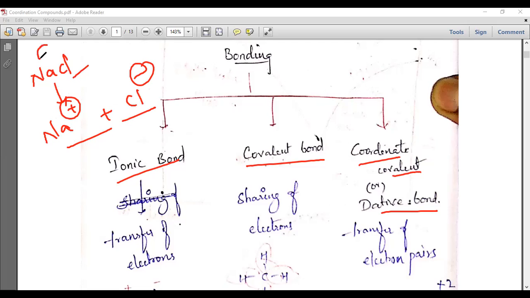That means Na loses one electron and gives it to chlorine, so Na produces Na+ as a cation and chlorine becomes an anion. The bond between Na and Cl is called an ionic bond, and an ionic bond means the transfer of electrons. Na transfers one electron to chlorine. So this is called an ionic bond.